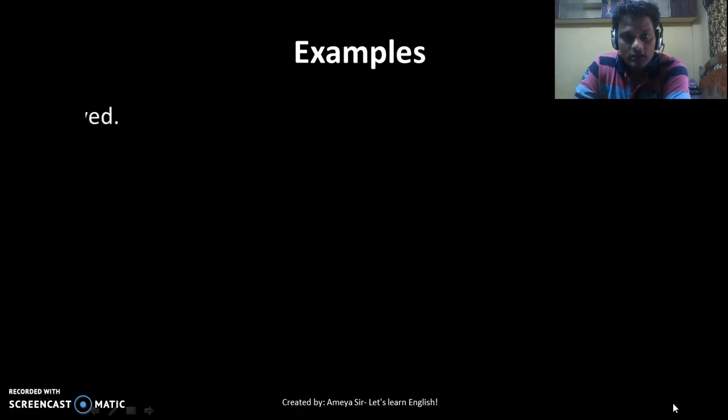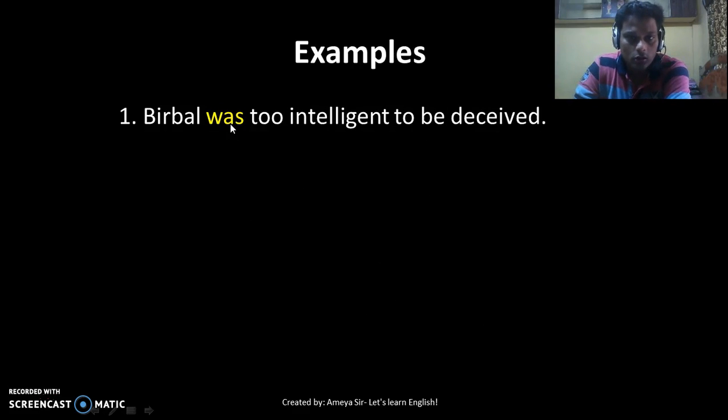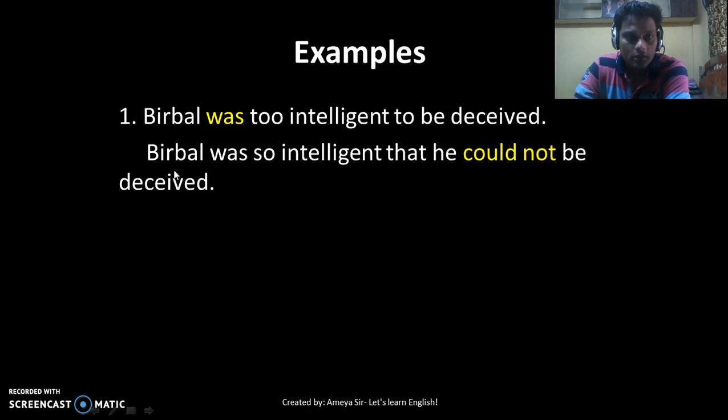Now examples: Birbal was too intelligent to be deceived. Now here it is "was". So how are we going to go about it? Birbal was so intelligent. So I'm replacing "too" with "so", the adjective intelligent, that he, Birbal pronoun he, could not, because it was past tense with "was".